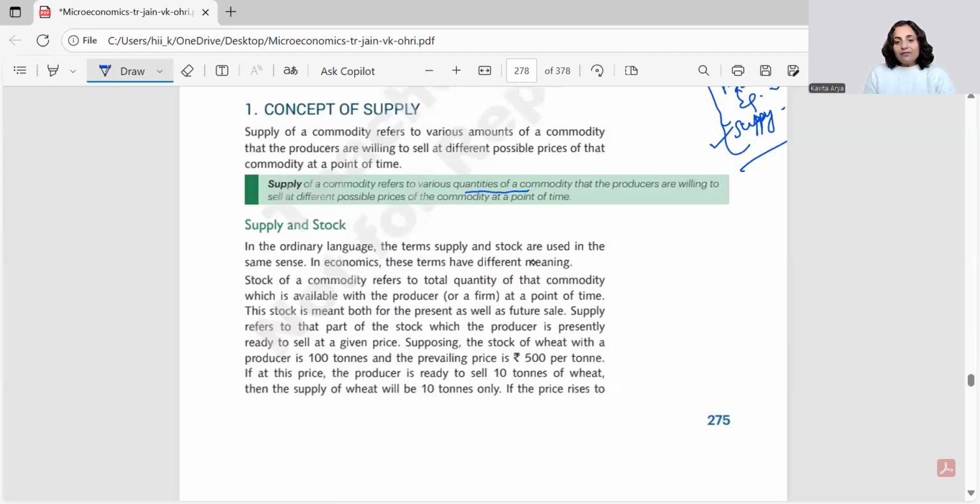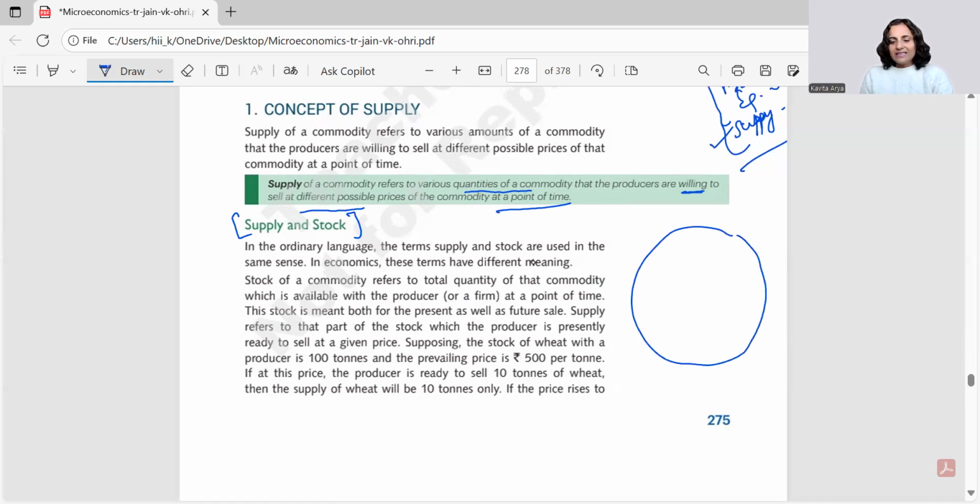So when you talk about supply, what does that mean? Various quantities of a commodity that producers are willing to sell at different possible prices at a point of time, right? Then they ask, what is the difference, if at all, between supply and stock? Is there any difference? Yes, it is so.